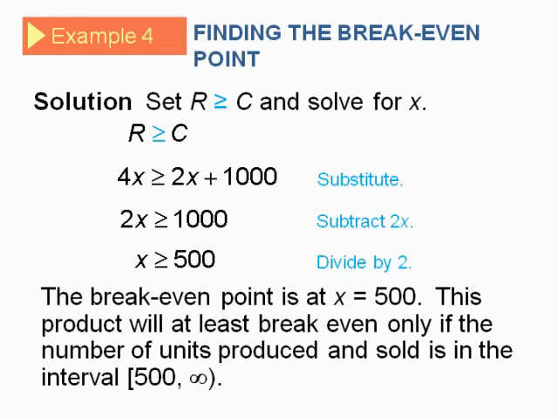Solving, the break-even point is x equals 500, so this product will at least break even only if the number of units produced and sold is in the interval of 500 to infinity. So after you start selling 500 of whatever you're producing, that's where you'll break even and start making the money. So you can actually use inequalities in real life, and they are used for you business folks.